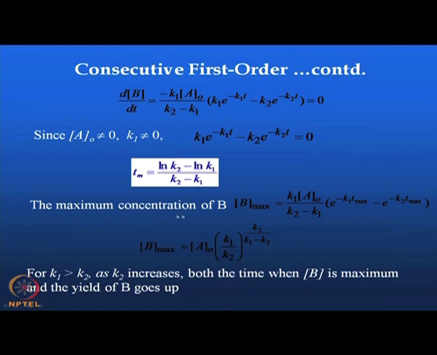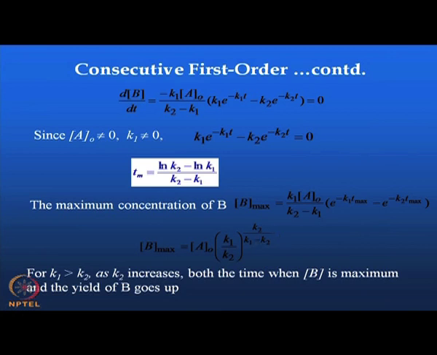So, you can find the maximum concentration of B, that is B max, which is as I just wrote. This way you should be able to find the maximum concentration of B.